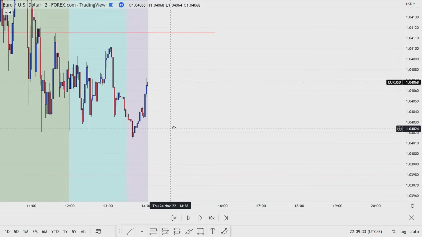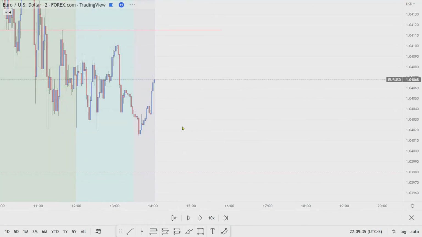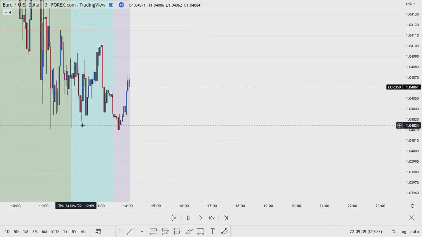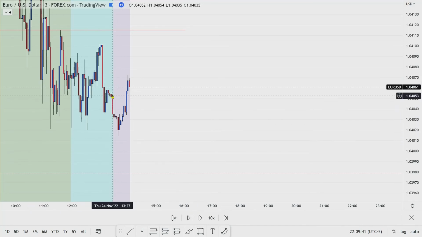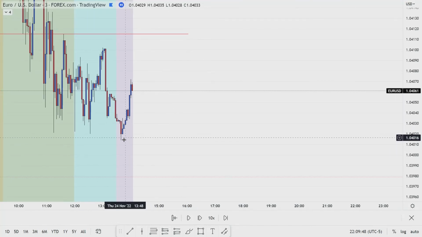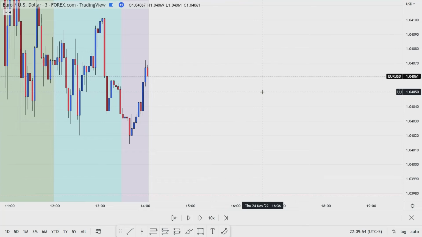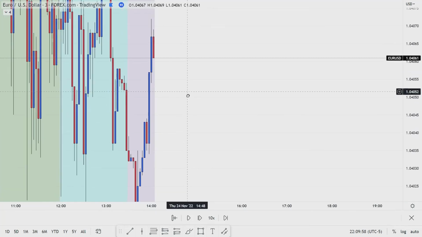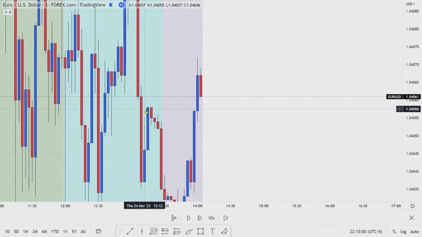Now what I'm seeing here is that we take out these lows with this swing right here, and price then goes back up and takes out this high. The reason it's a high for me is because we have this candle right here with another candle next to it.